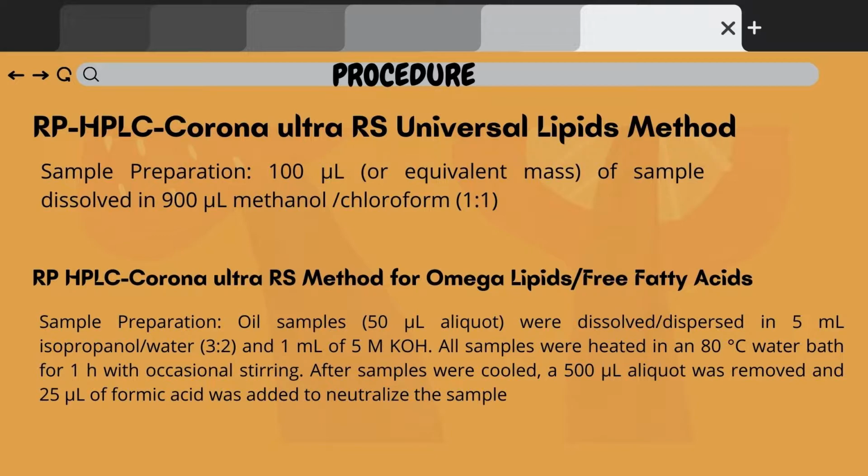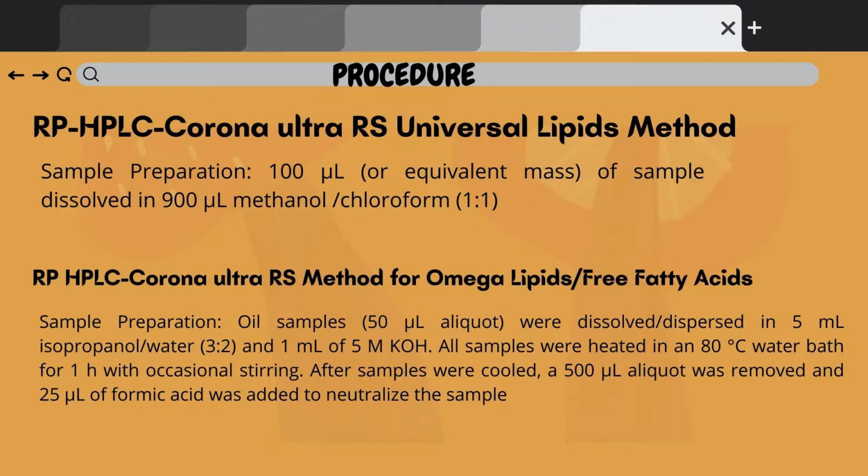RP-HPLC Corona Ultra RS method for omega lipid or free fatty acid. Sample preparation: oil samples, 50 microliter aliquot, were dissolved or dispersed in 5 ml isopropanol water, ratio 3:2, and 1 ml of 5 M KOH.